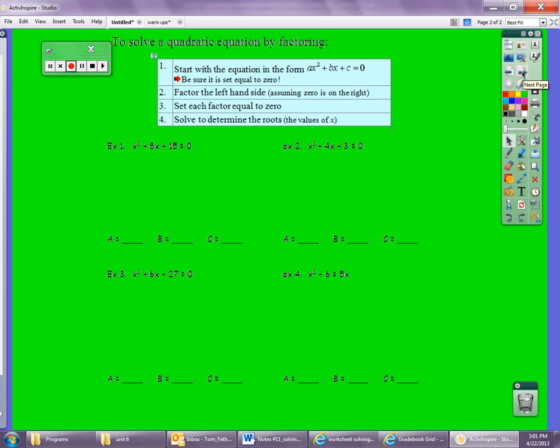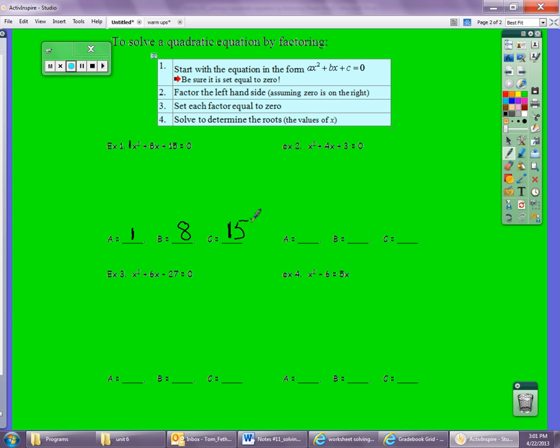When we look at these 4 examples, the other thing is labeling a, b, and c. It's going to help us later on. If we get used to labeling a, b, and c, when we get later on, we're already going to know them. Well, a is the number in front of x squared, which is 1. b is in front of x, which is 8. And c is our constant term, which is 15.